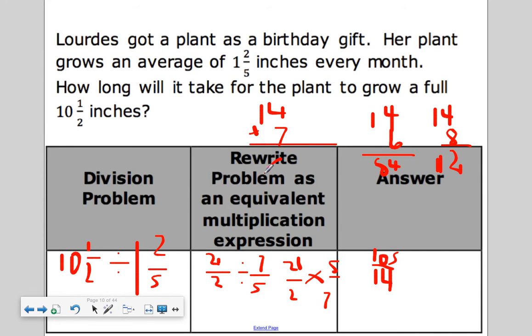That would be 98. What do you have left over? 7 over 14, or 7.5 months. Really? Is that really correct? Let's make sure I am correct. 98. Yep, that's correct.